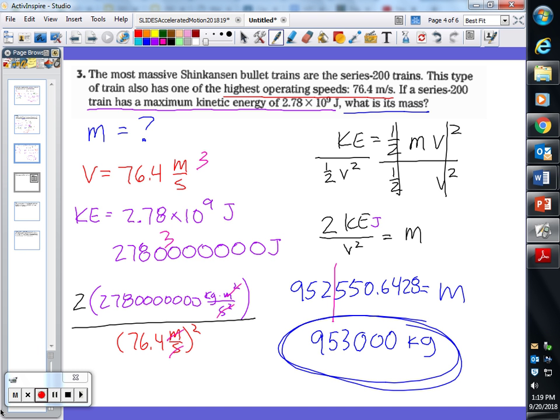If they gave you a mass in grams instead of kilograms, you'd have to do a little conversion first, but I won't give you any problems like that on the quiz. Is that good? Yeah, that makes sense.